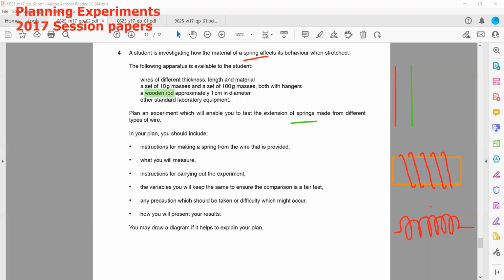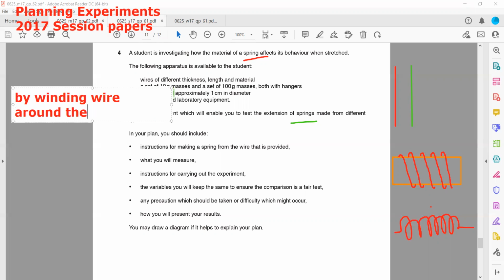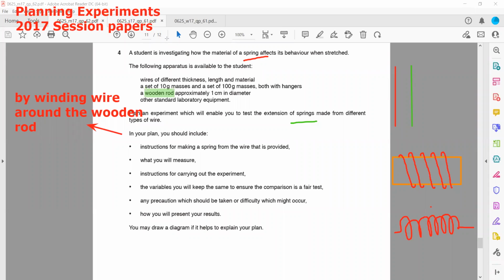So it will turn to spring. So the first instruction, how we make a spring by the wire, by winding the wires around the wooden rod. So that's how we convert the wire into a spring.